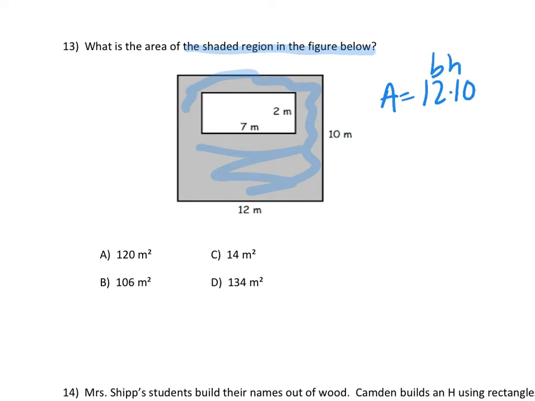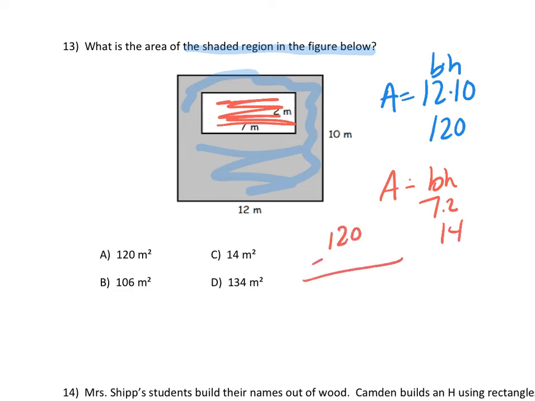Base times height, right? Okay, so 120 is this bigger part. But we take out this piece in the middle right here, which is 7 times 2, because it's also a rectangle. So we're going to say 120 minus 14 is 106.